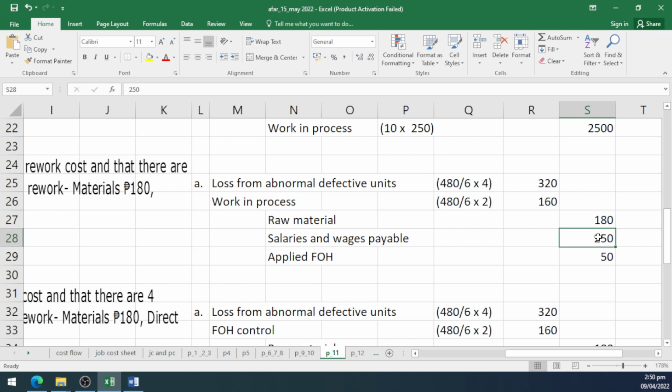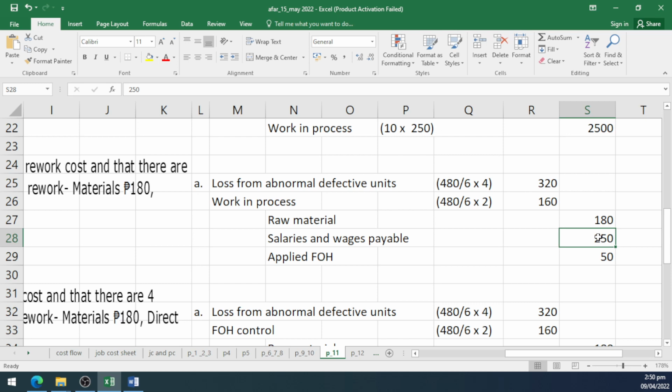So that is 480. 6 na units yan, 4 na abnormal, 2 normal. So we allocate that 480 over 6 times 4. The cost of abnormal rework is 320. So debit that to loss from abnormal defective units, 320.